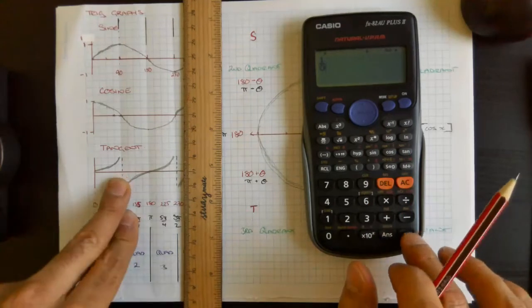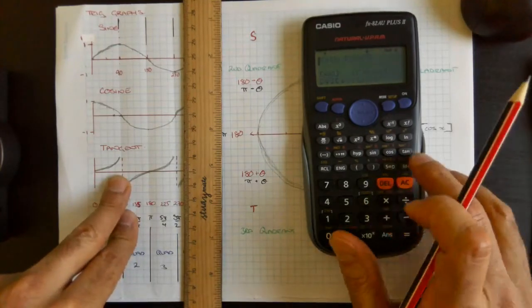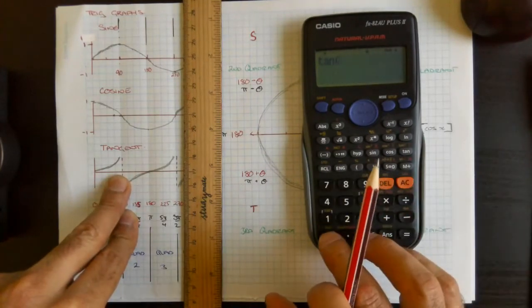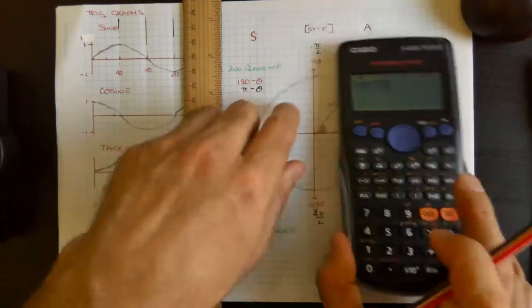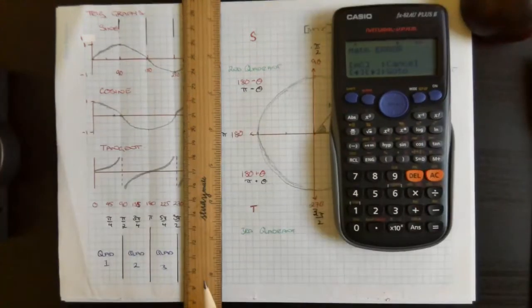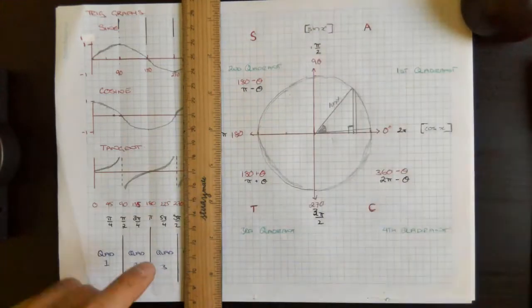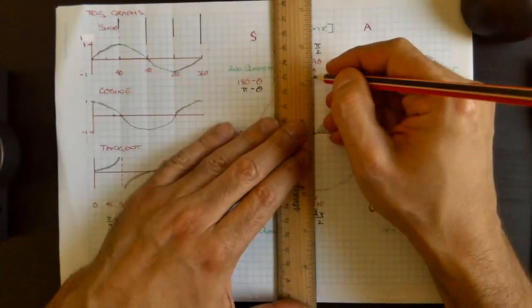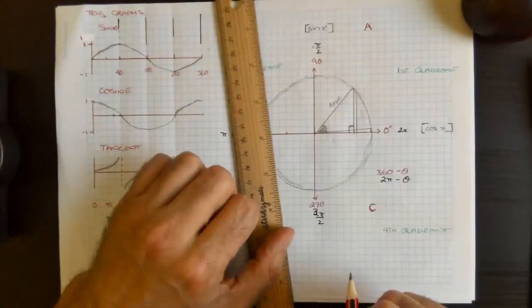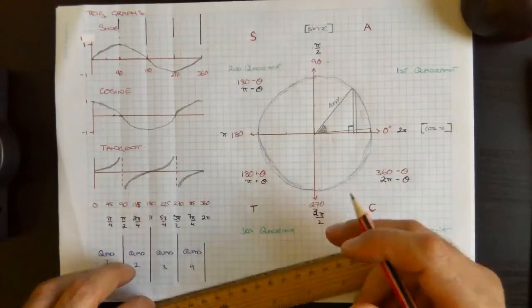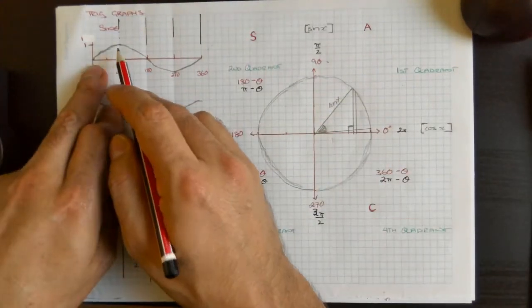Well, that's an undefined solution, which is why we get tan of 90, because it's up here at 90, we get a math error, because we can't calculate this very thin triangle here. Okay, so this is how these triangles calculate these waves.